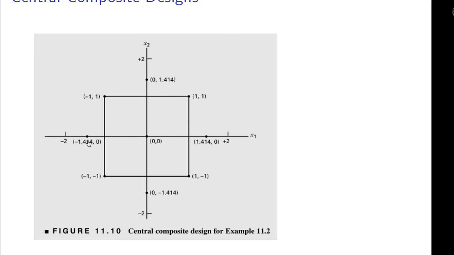Here are the axial runs, minus square root of 2, 0, plus square root of 2, 0, and similarly along the x2 axis. And the n copies of 0, 0 are shown here at the origin. This figure, of course, was taken from Montgomery's text.